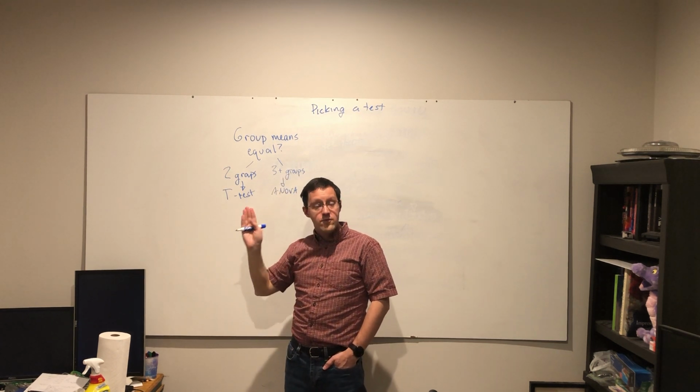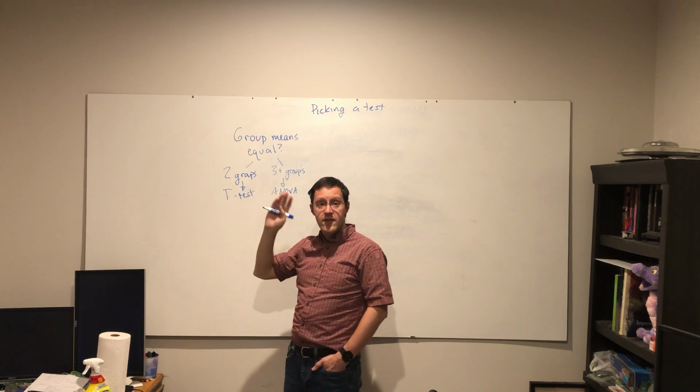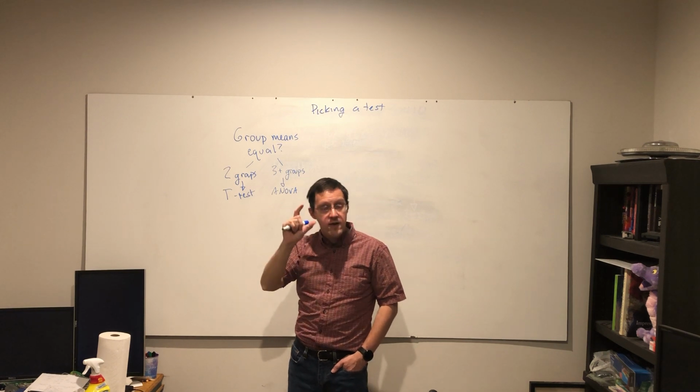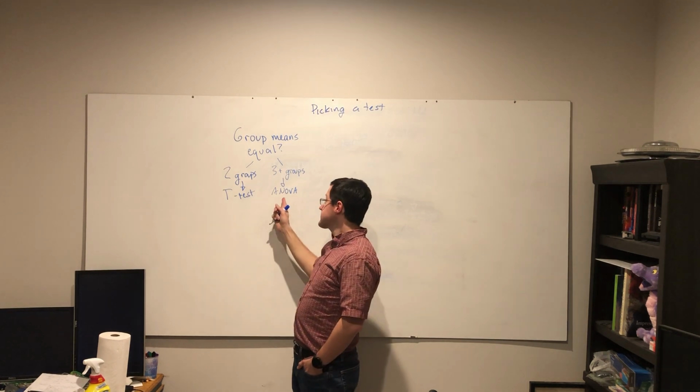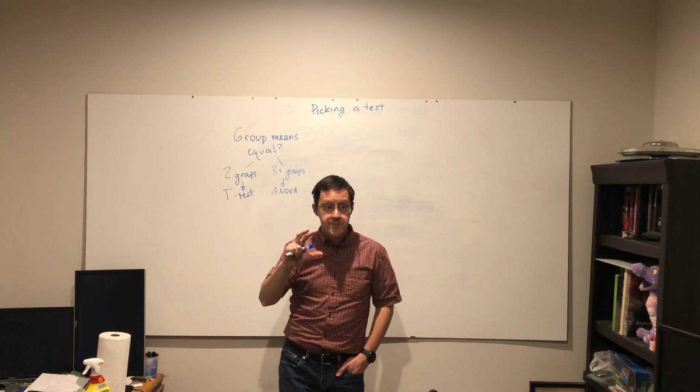If there's two groups, we would want a t-test. Also, we had the before and after as the paired t-test. Likewise, if we have three or more groups, that becomes ANOVA.